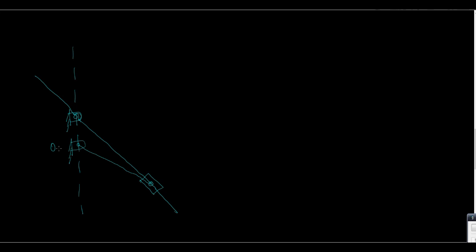This is O2, this is O4, O2 to slider A. This is a rod here with a hinge here. There's a horizontal line here. Another link and a slider.